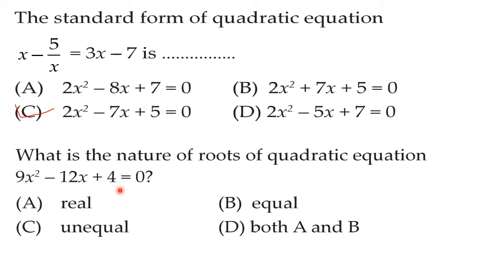So find out b square minus 4ac. B square means 12 square, that is 144, and then 9 into 4 is 36 and 36 into 4 is 144. So 144 minus 144, the answer is going to be 0.